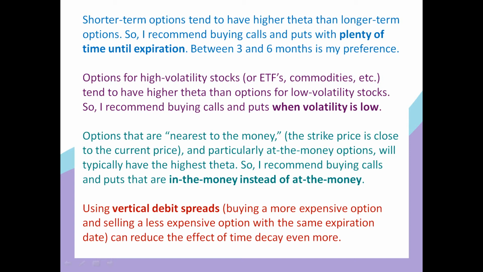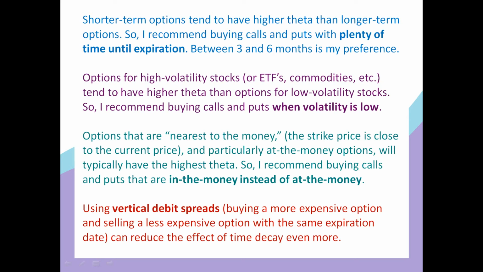The third thing you can do is consider options that are nearest to the money. In other words, the strike price is close to the current price of the stock or whatever, and particularly at the money options will typically have the highest theta. So I recommend buying calls and puts that are in the money instead of at the money.